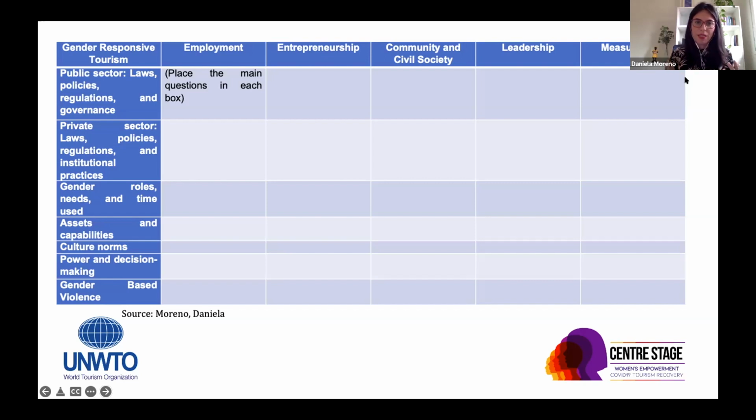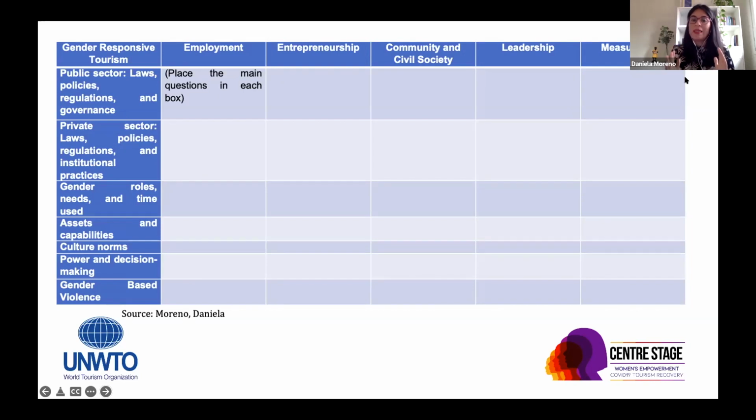But we also want to answer how, what are the mechanisms that are promoting a challenge or an opportunity. So in this matrix, we are going to display the key questions that we really want to answer that are linked to matrix number 1.